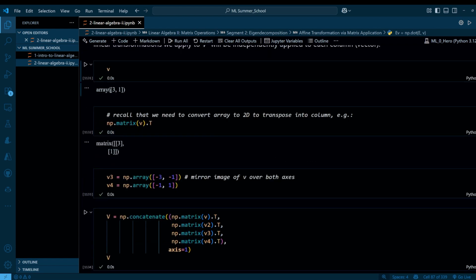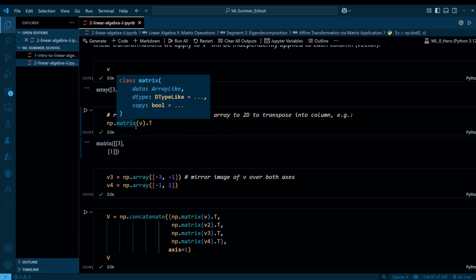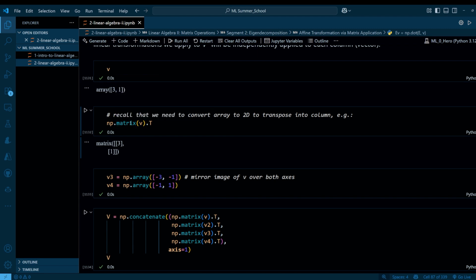You see, the vector is called an array because we had just one bracket out here, but once we use the matrix, we had converted it to a matrix and then used the transpose, and now you can see it's in the matrix format, and this is a whole column now. Earlier it was 3 1 as a row, now it is 3 1 as a column. Okay, it can happen for sure.